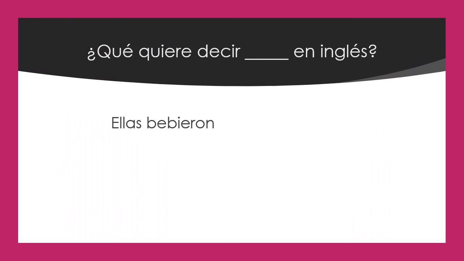Let's look at some examples. ¿Qué quiere decir ellas bebieron en inglés? Correcto, es they drank. Ellas bebieron. How about él entendió? ¿Qué quiere decir él entendió en inglés?